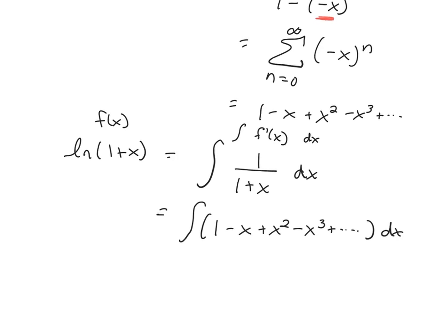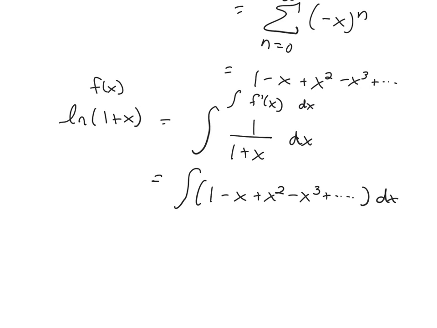And then I just integrate term by term. So I'm getting x. Don't forget the plus C. I like to write it at the beginning, a big C. Then integrate 1, x minus x squared over 2 plus x cubed over 3 minus x to the 4th over 4, and so forth.